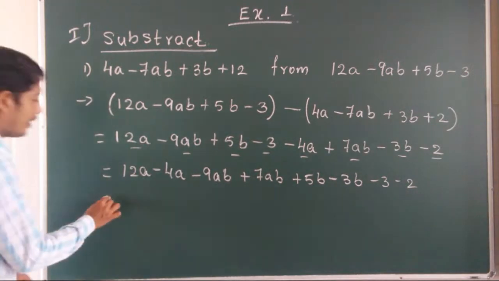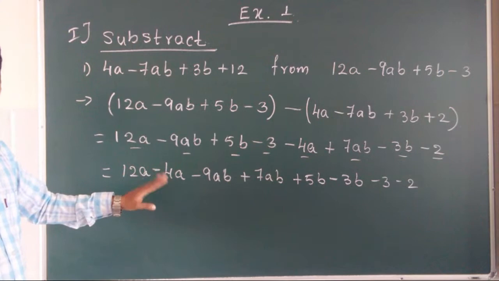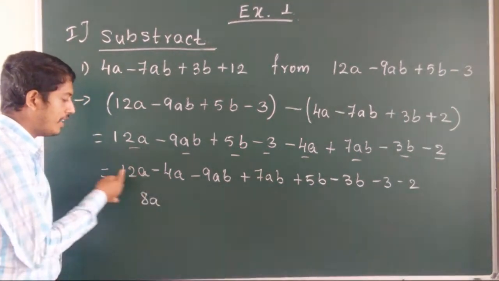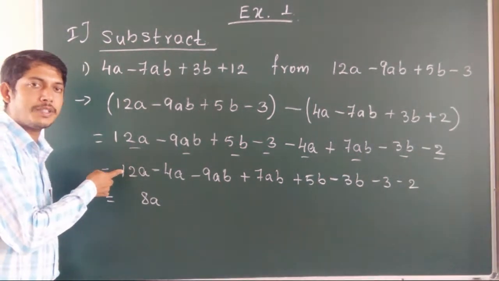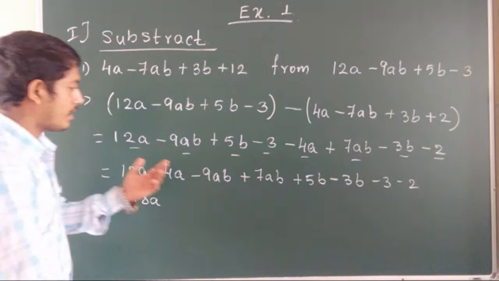Both are having different signs, therefore we have to subtract the lower number from the higher number. 12 minus 4 becomes 8. The variable a remains as it is, and the sign is that of the highest term. The highest term is 12 here, so it becomes plus 8a.